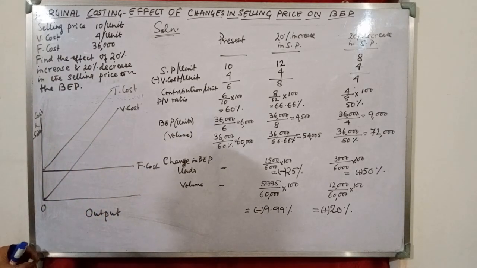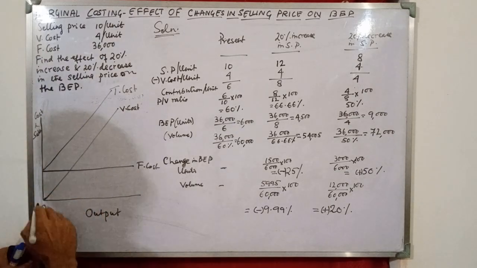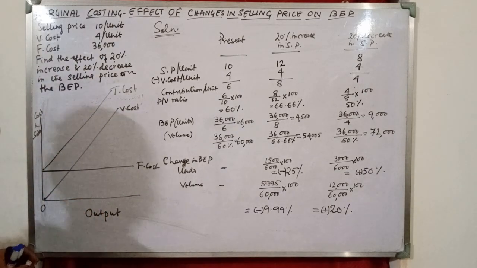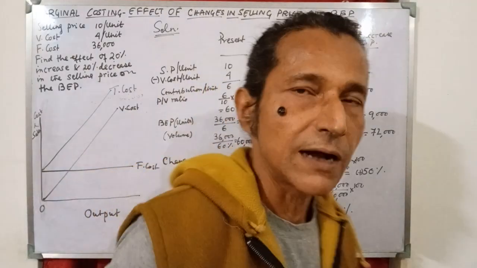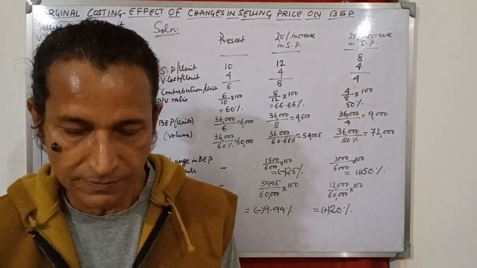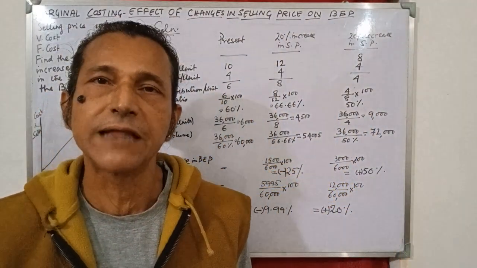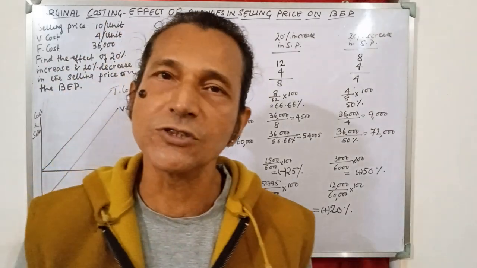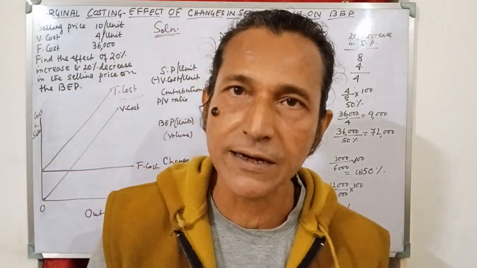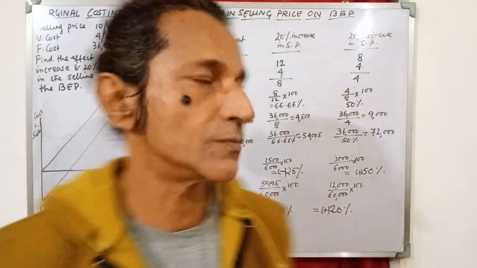Now you see three different selling prices. When output is 0, that means sales is also 0. So the sales line starts from the origin too.